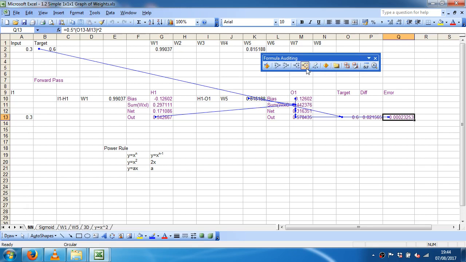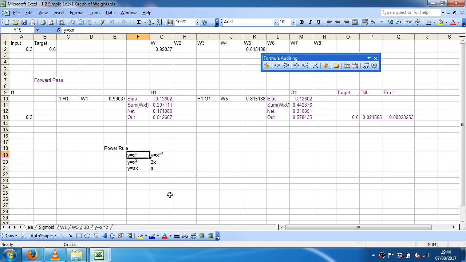In order to do this, I'm afraid we're going to have to do some calculus. We need to work out the gradient of the graph, and the way we do that is using differentiation. I don't want to dwell too much on the mathematics, but most of what we're going to do is fairly simple. We're going to base it on the power rule.